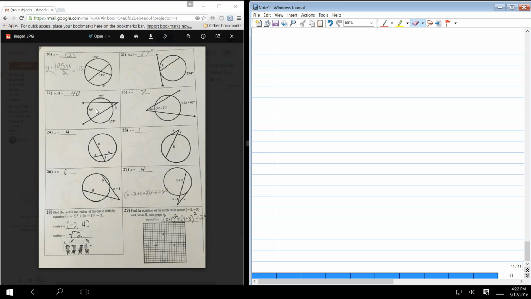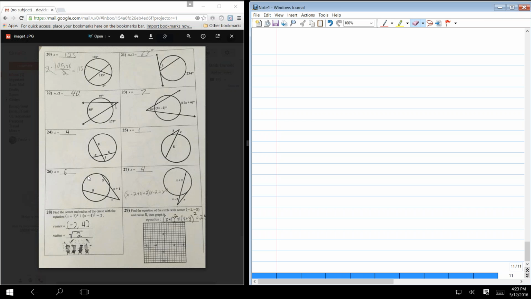Either 22, we were solving for angles, and we had a bunch of arc measurements. Same thing with 23. We were given an angle, and we were solving for these arc measurements. 24, we were solving for a segment length. Same with 25. We were trying to solve for x. 26, we're solving for segment lengths. 26 is not the same kind of problem as 22 and 23.